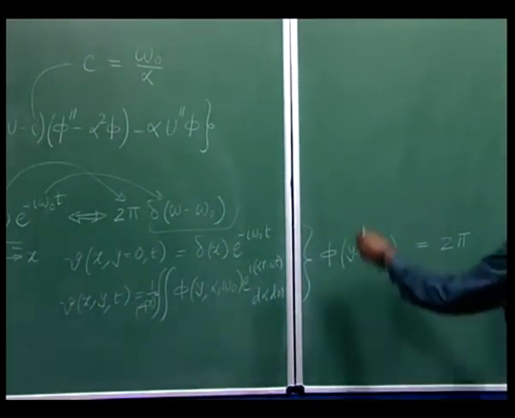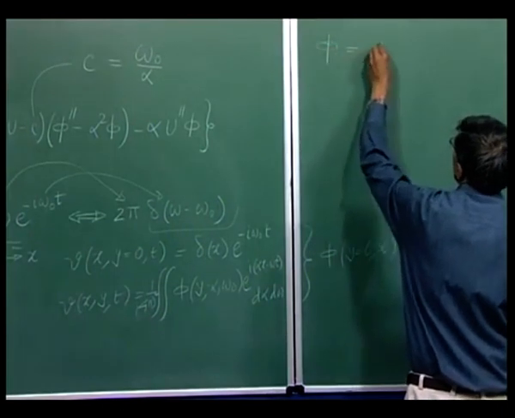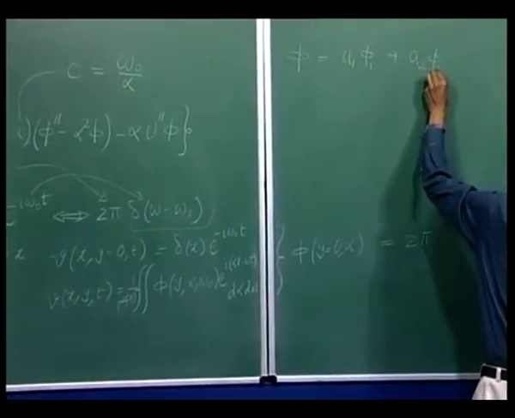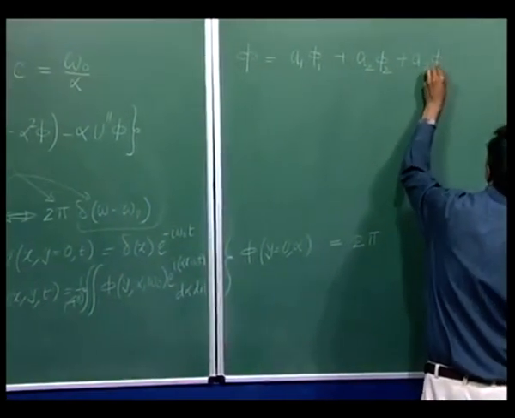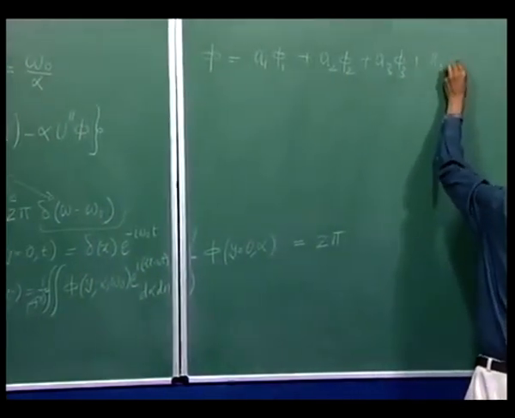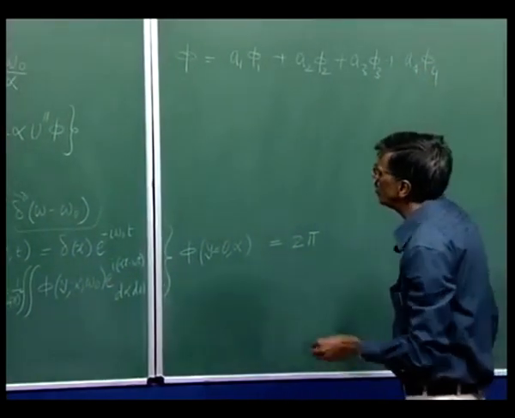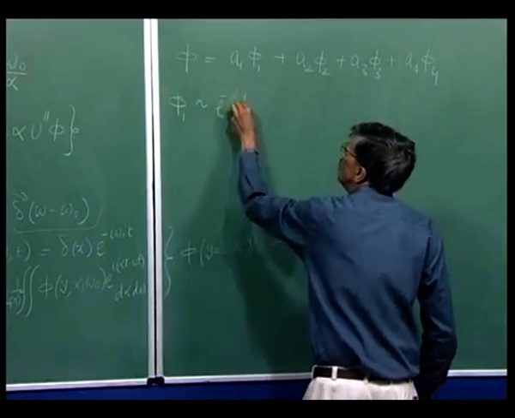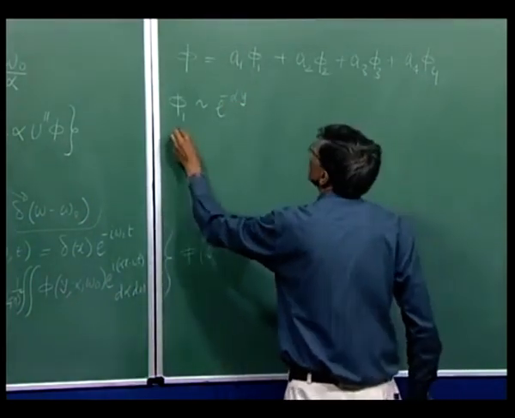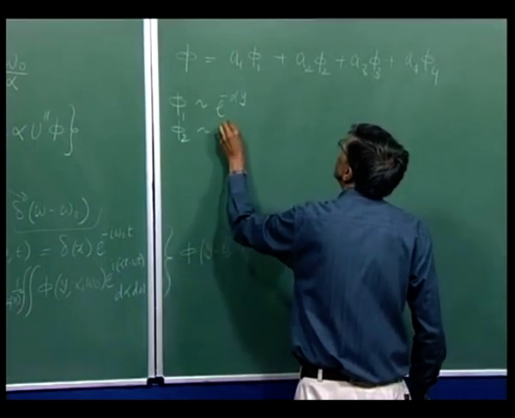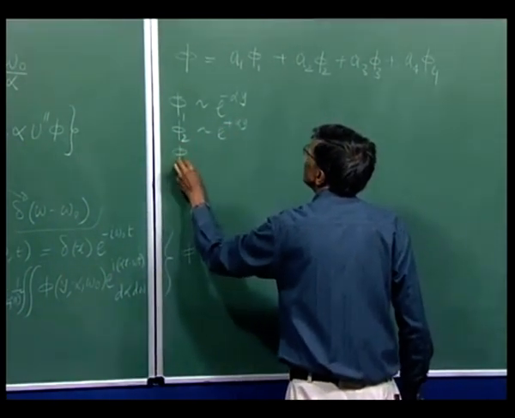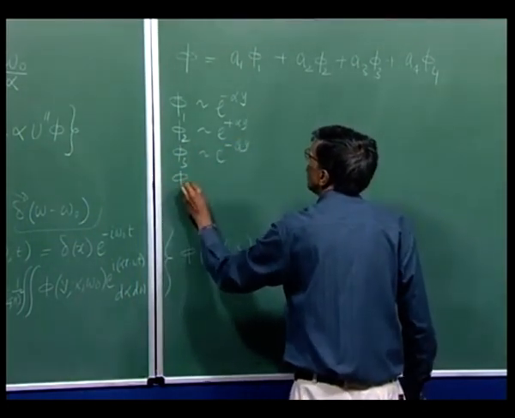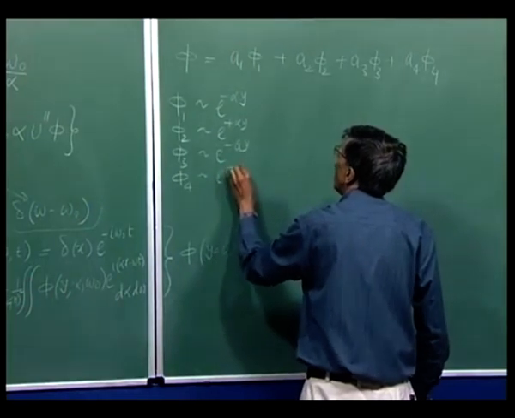Now, what have we had so far? We had phi given as a1 phi 1 plus a2 phi 2 plus a3 phi 3 plus a4 phi 4, and what we found is that phi 1 goes as e to the power minus alpha y, phi 2 goes as e to the power plus alpha y, phi 3 goes as e to the power minus q y, and phi 4 goes as e to the power plus q y.